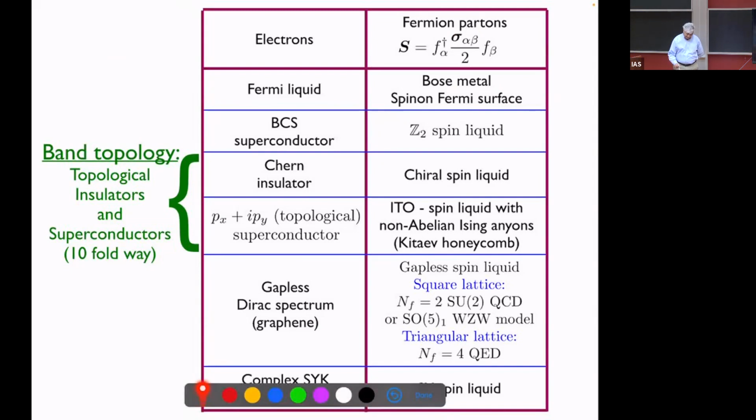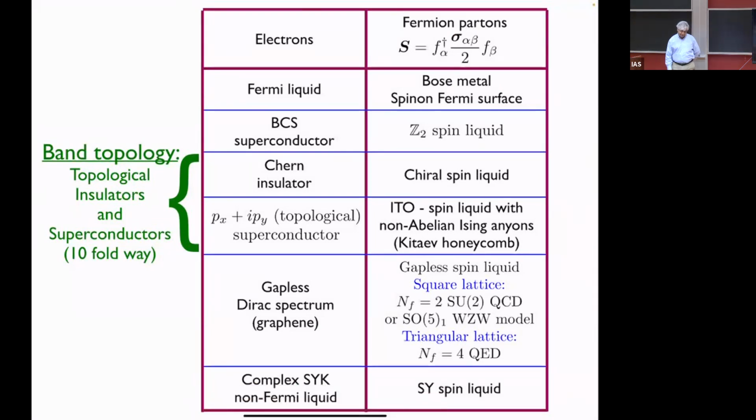And that was actually the state that I looked at with Ye many years ago. So let me just call that the SY spin liquid. There's a subtle distinction between the SYK state and the SY state. One has a gauge charge, the other one doesn't. That certainly doesn't make very much difference in the large N limit, but it makes a big difference to what are the observable operators in the system.